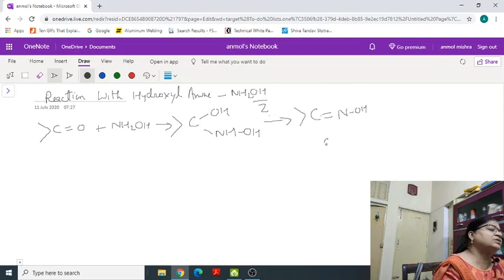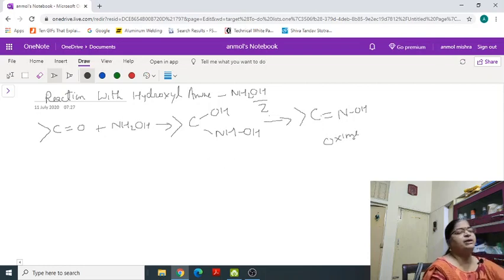And this is called oxime. Now while writing the name, if it is formaldehyde, formaldehyde oxime, acetaldehyde, acetaldehyde oxime, ketone, ketone oxime.